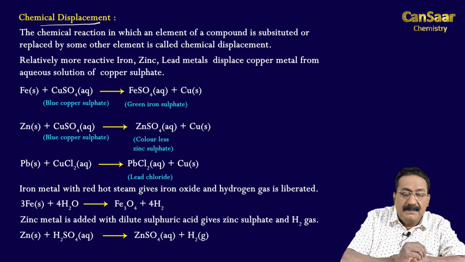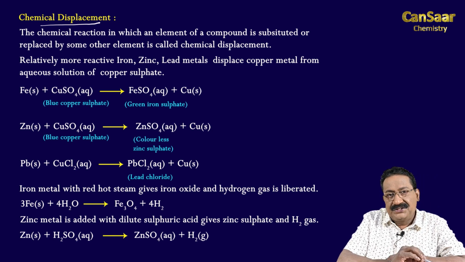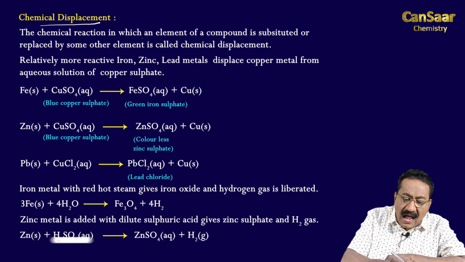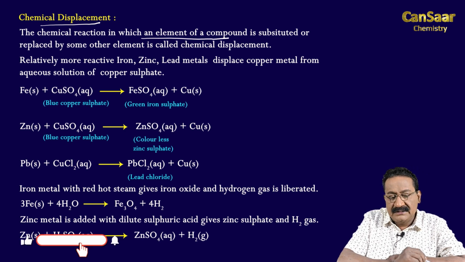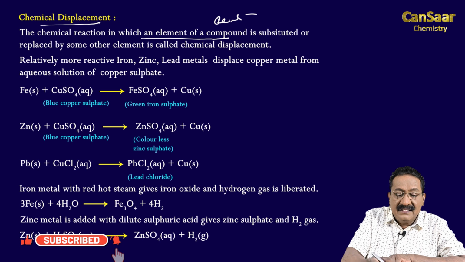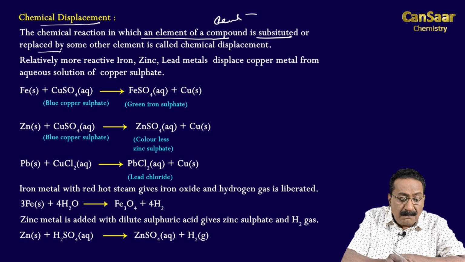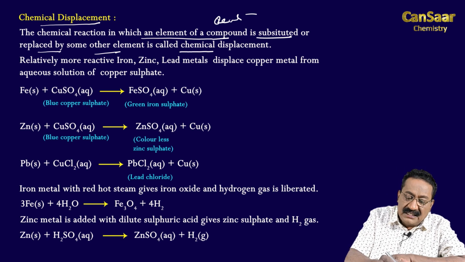Chemical displacement: the chemical change or the chemical reaction in which an element of a compound, that is reactant, is substituted or replaced by some other element, is called chemical displacement.